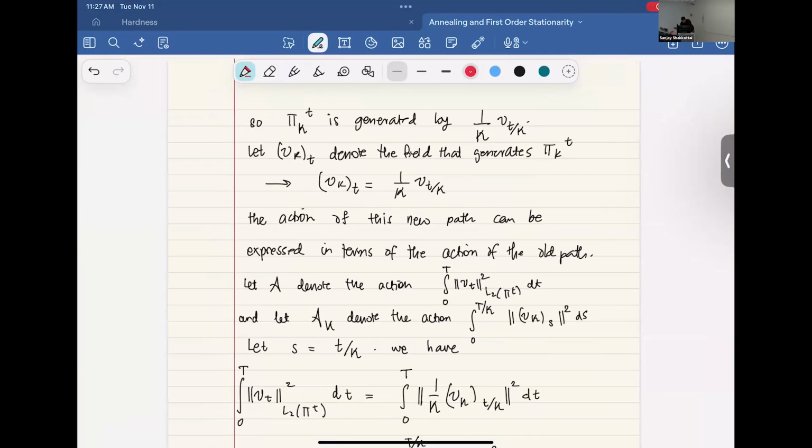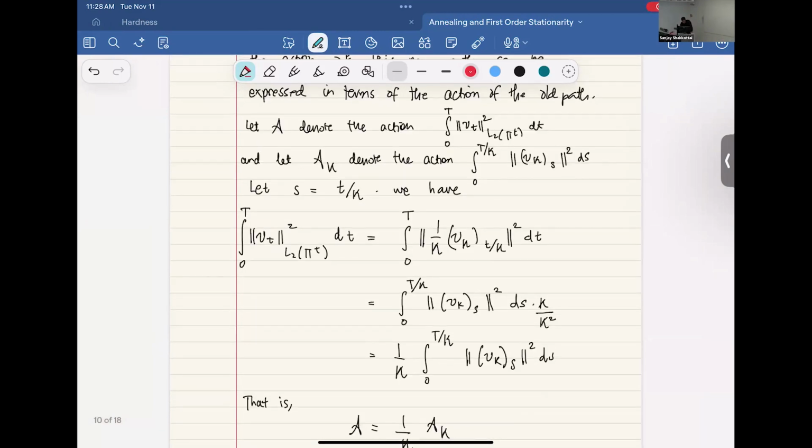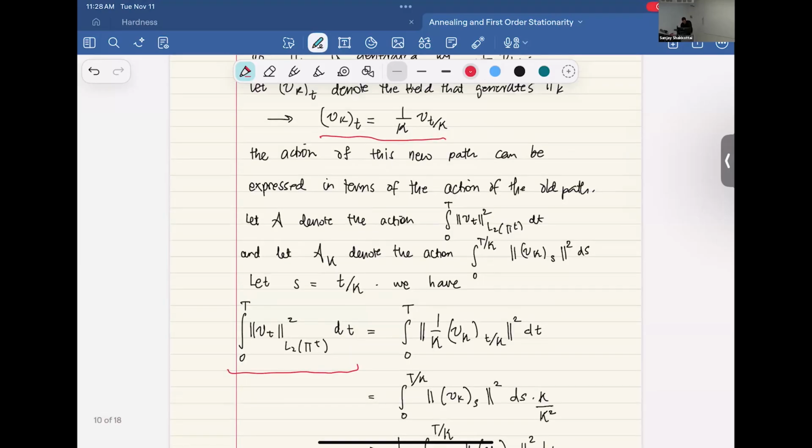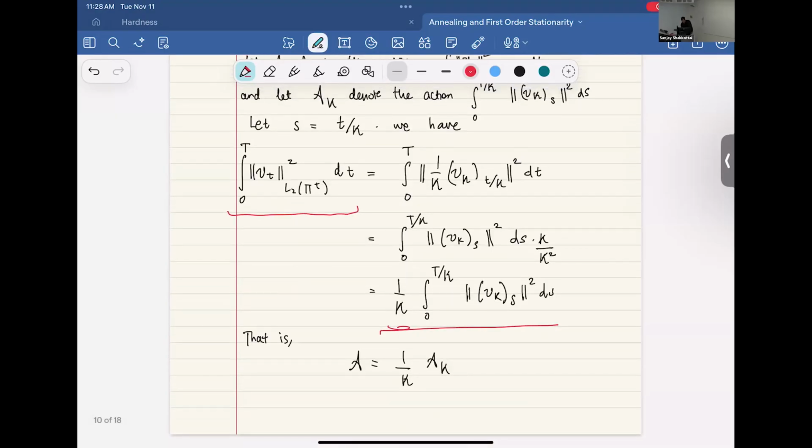And so basically this is what I've written out: v kappa t, the drift term for pi kappa, is 1 over kappa times the drift term for pi t evaluated at t over kappa. Plugging this into the definition of action, which is the action of the original path, I don't want to go over the algebra. If you just plug in this expression into the definition of the action, the kappa gets pulled out.